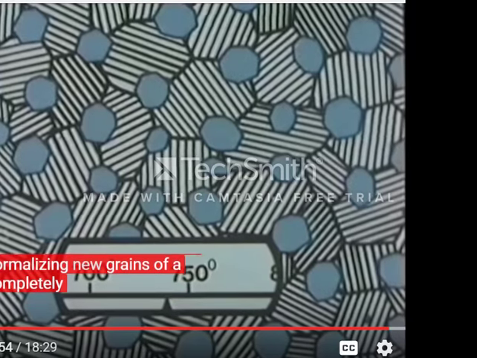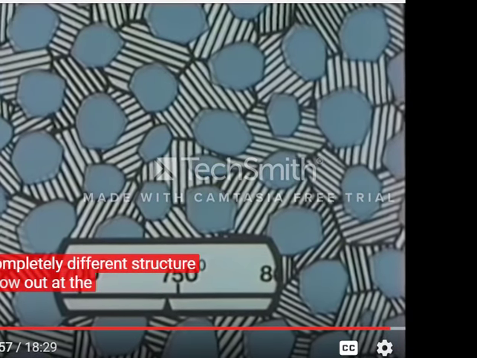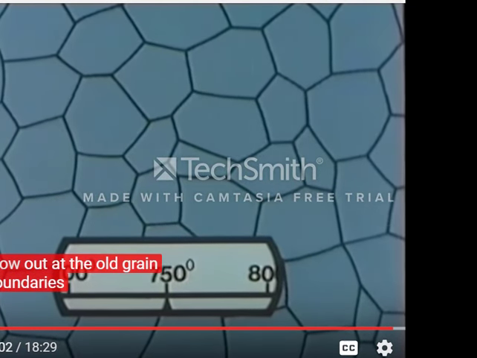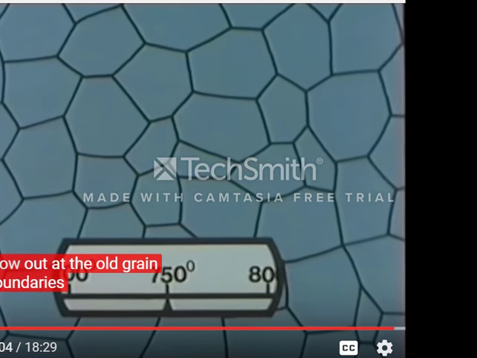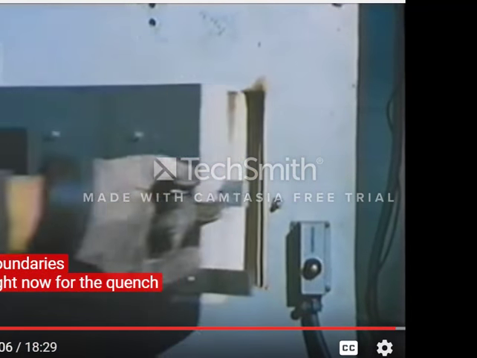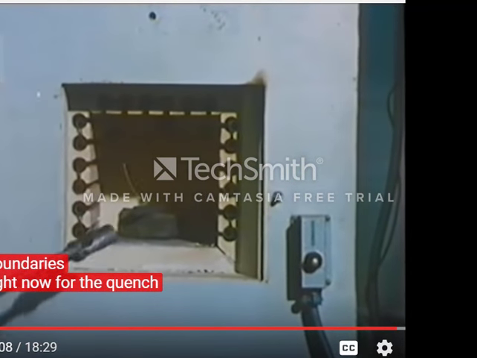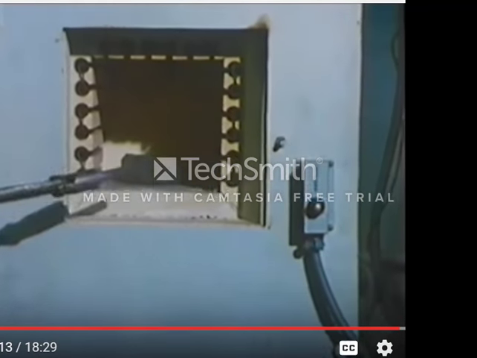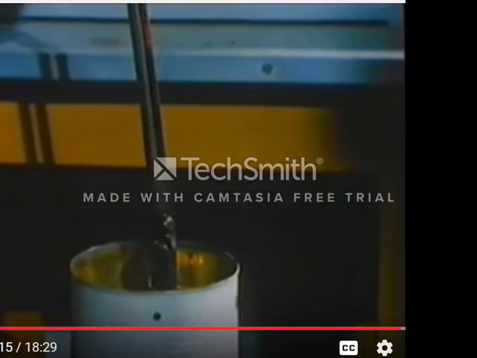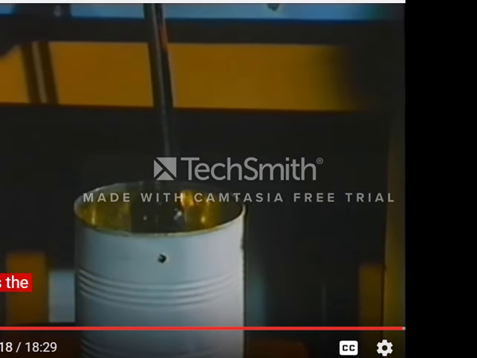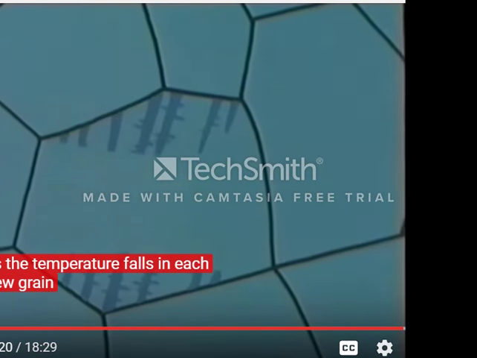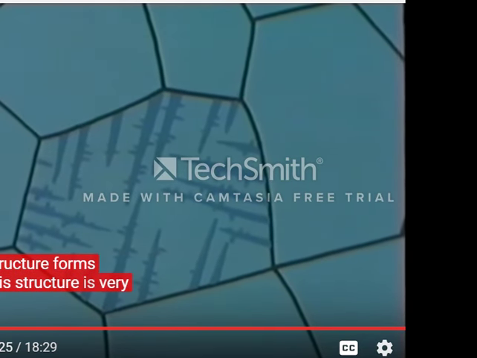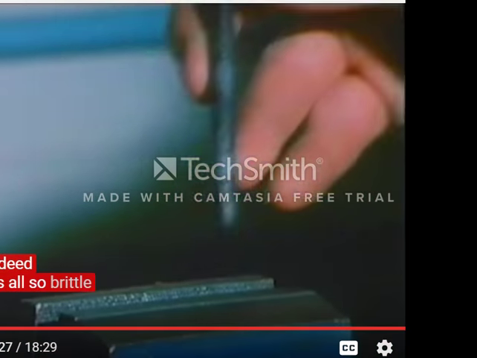New grains of a completely different structure grow out at the old grain boundaries. Right, now for the quench. As the temperature falls, in each new grain, a needle-like structure forms. This structure is very hard indeed. It's also brittle.